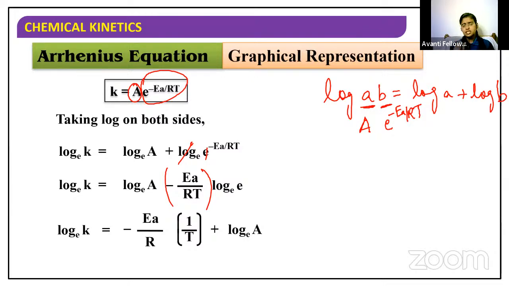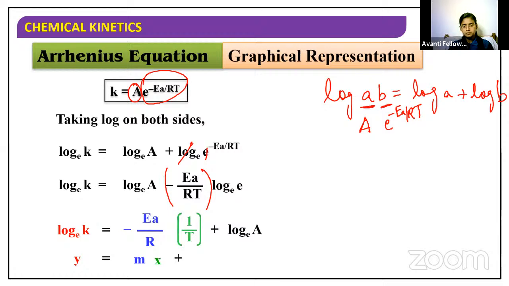Now, this particular last equation is of the form y is equal to mx plus c. So m is the slope, which is minus EA by R, and 1 by T is x.